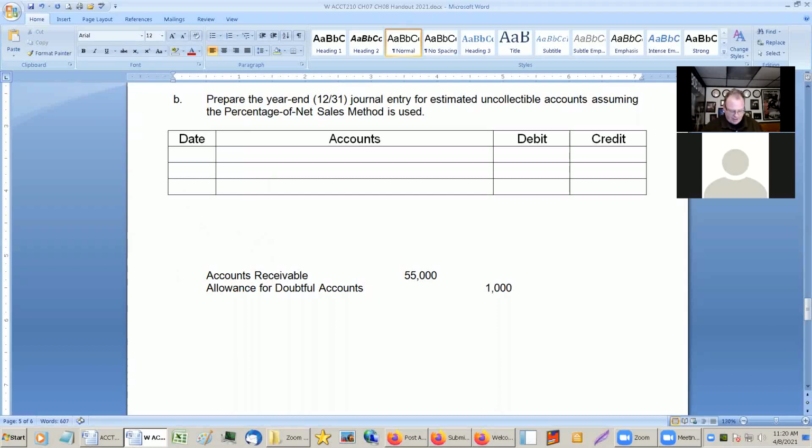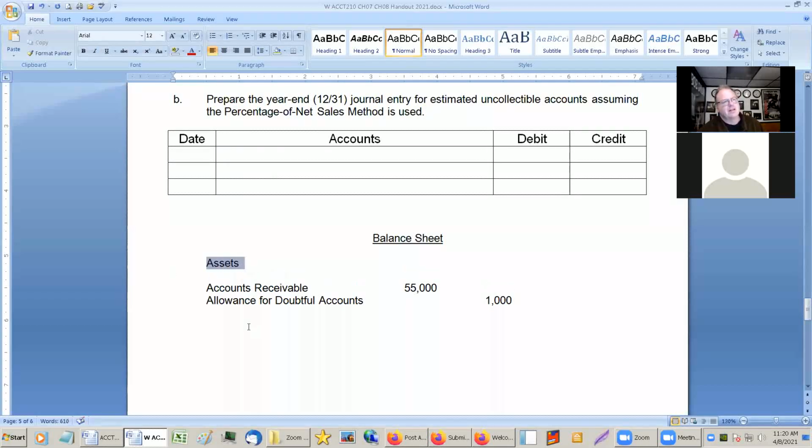On the balance sheet, underneath assets, it would actually be current assets, but assets is good enough for now.